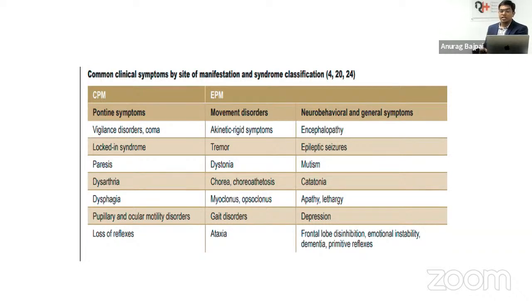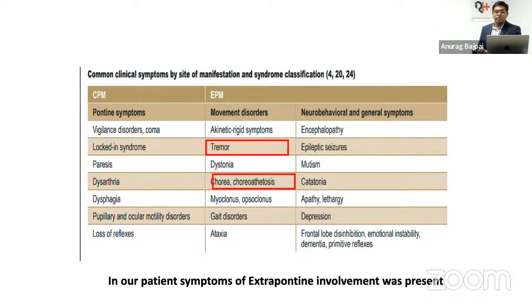In the case of extrapontine myelinolysis, tremor, dystonia, chorea, myoclonus, and movement disorder take their place. In our patient, we found some choreoathetosis, and some tremor was there. Mainly movement was affected. So as sir rightly told, our patient had extrapontine myelinolysis.